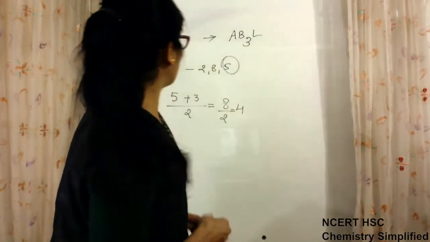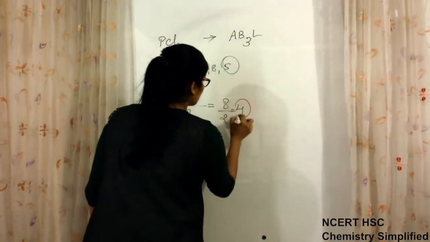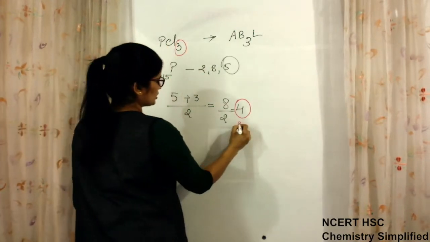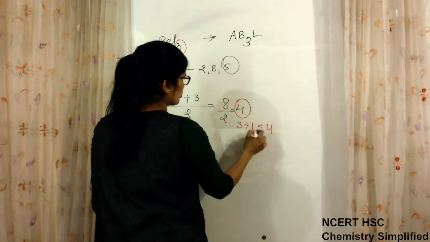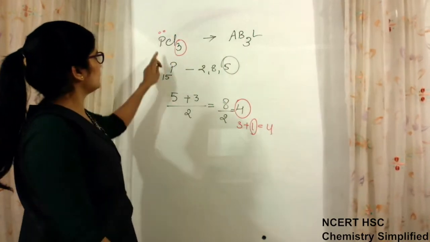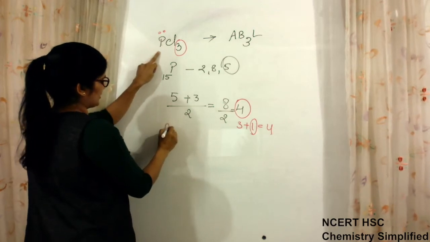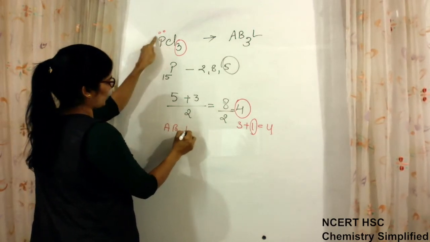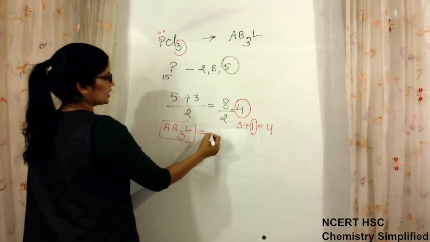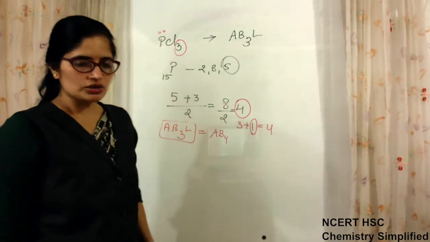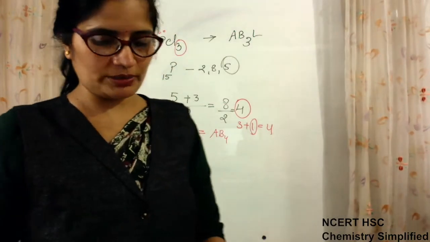Now, the number of pairs obtained is 4. The number of side atoms is 3. So 3 plus 1 is 4. So that 1 is a lone pair on phosphorus. Again, the central atom is A, side atoms are 3 with 1 lone pair. The geometry is arising from AB4 type. Okay, so that is again pyramidal geometry.